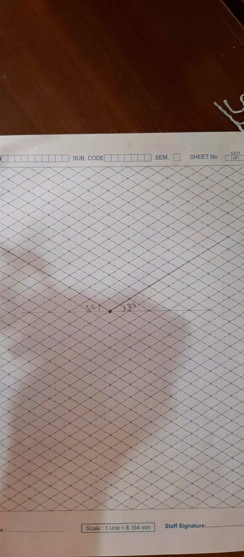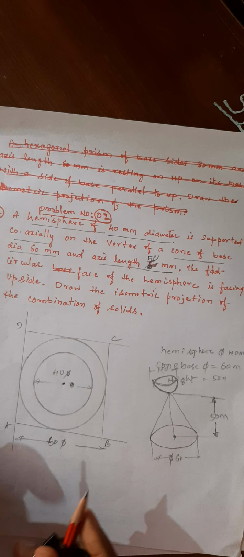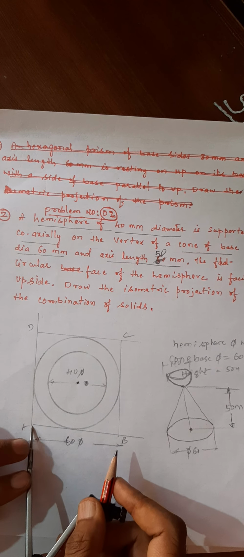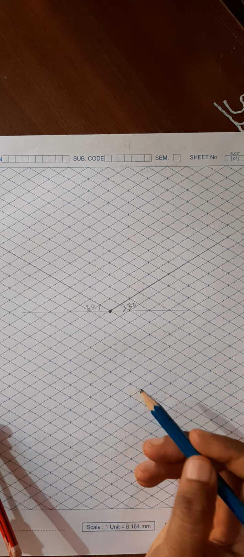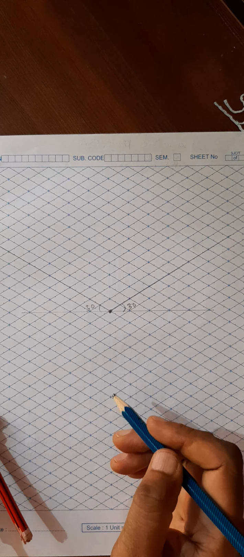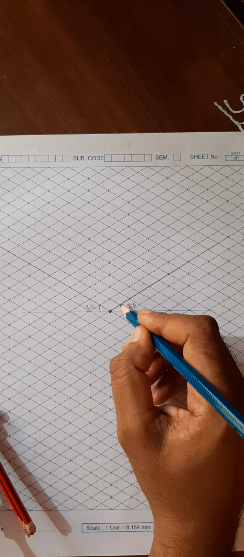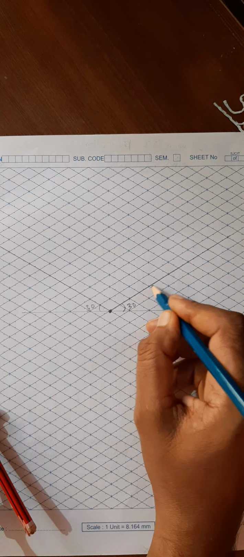Otherwise you can take 60 mm directly. Here 60 millimeter diameter means you have to consider 6 boxes: 1, 2, 3, 4, 5, 6.